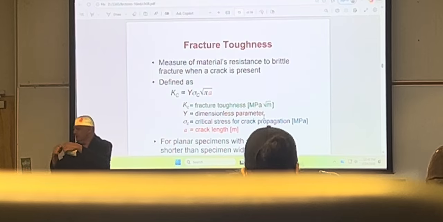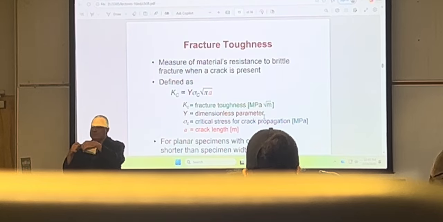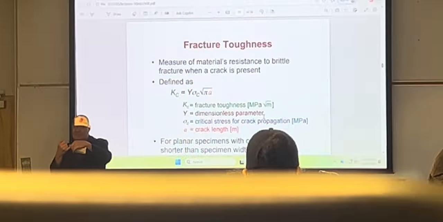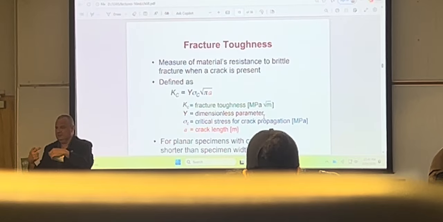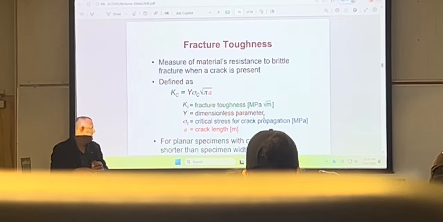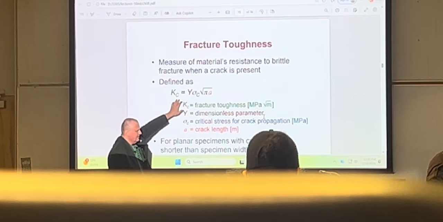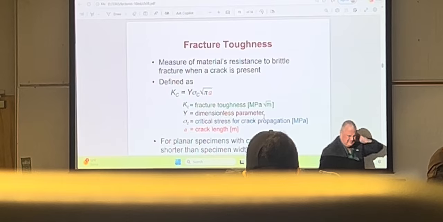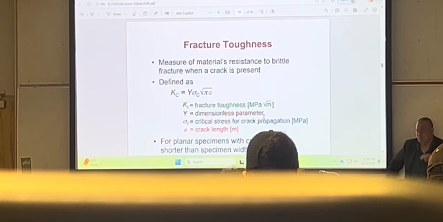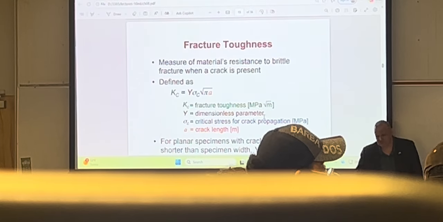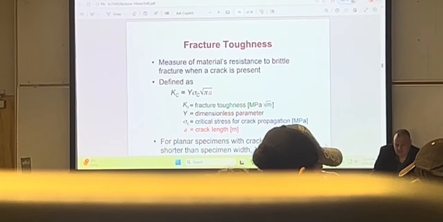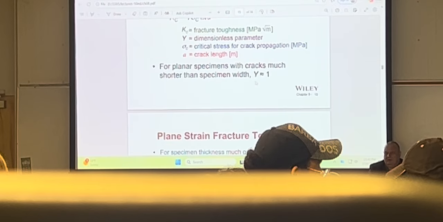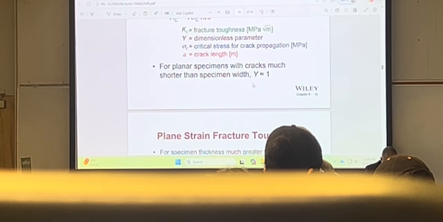It happens at a specific combination of the crack length and the stress that is applied. And when that happens, this becomes K C, a critical value. That's what C stands for. Y is a dimensionless parameter that has to do with the geometry, and for planar geometries, it's close to 1.